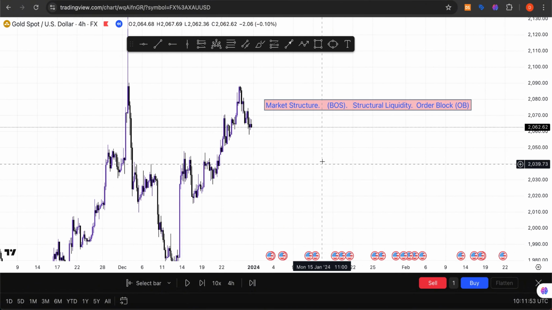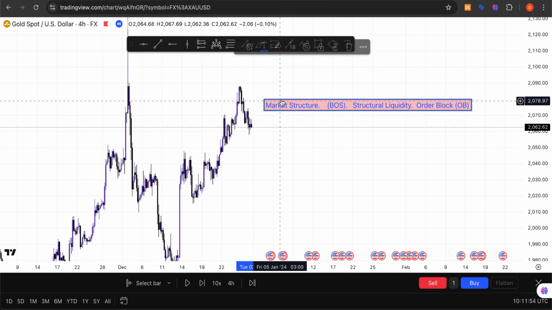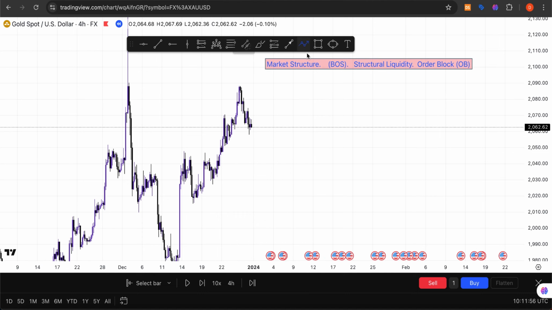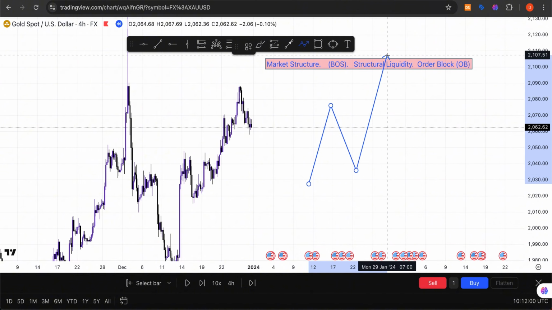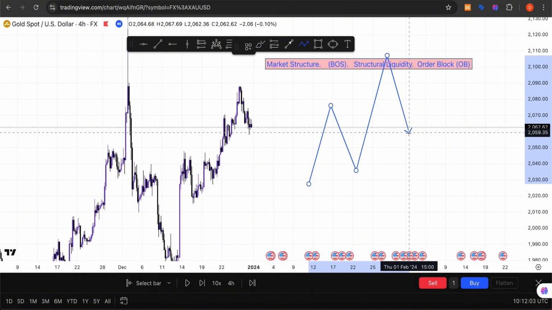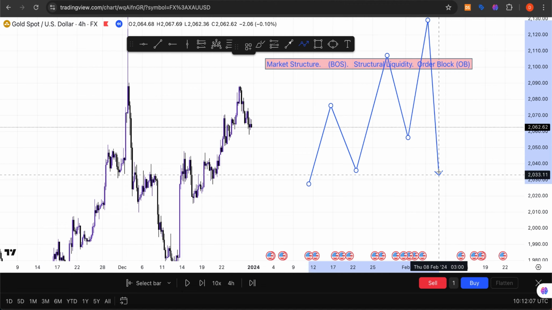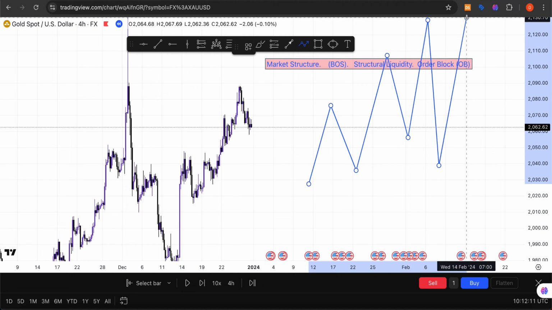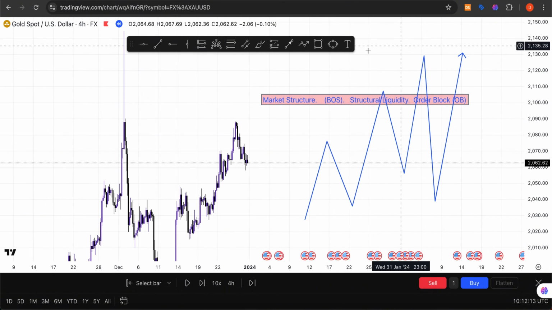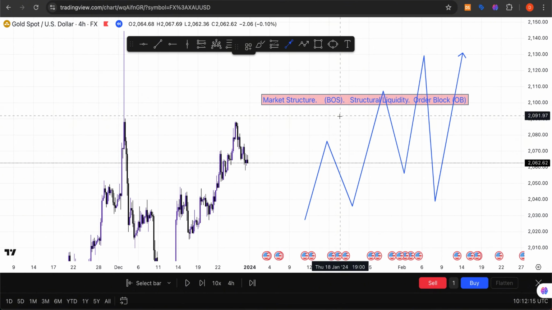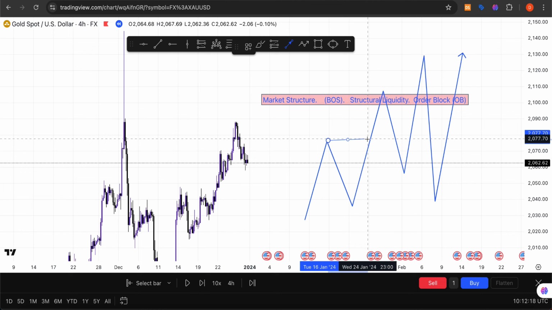So let's go to structural liquidity now. This is the strategy we are trading. After you have seen the up market structure high, then this is the strategy: break of structure.